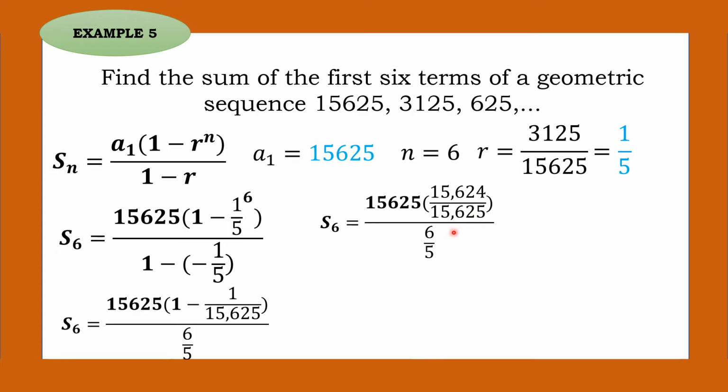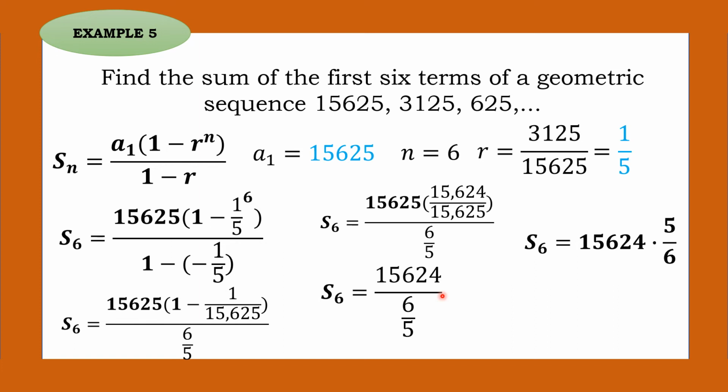So the numerator will give us 15,624 over the denominator, which is 6 over 5. So in this case, we need to copy the numerator and then get the reciprocal of the denominator to simplify. So we have 15,624 times the reciprocal of 6 over 5, which is 5 over 6.